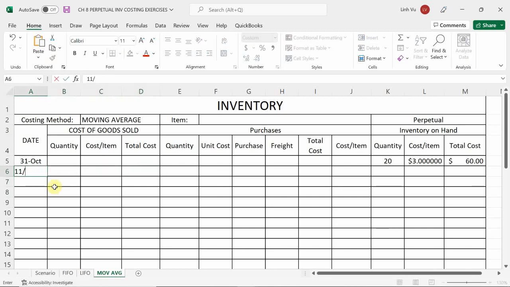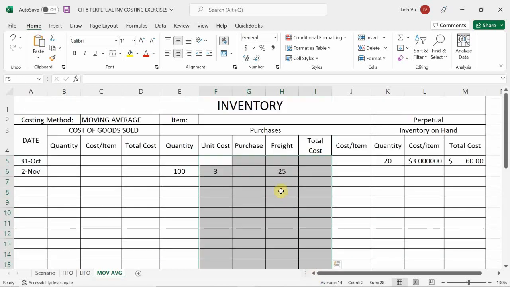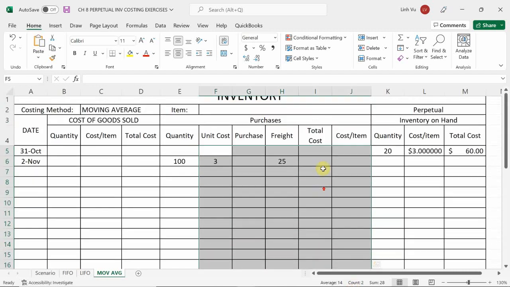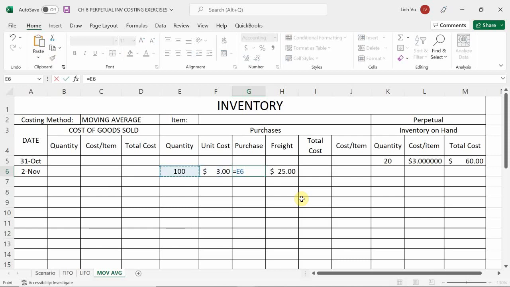So here, what is my purchase price? 300, okay, plus $25. 325.